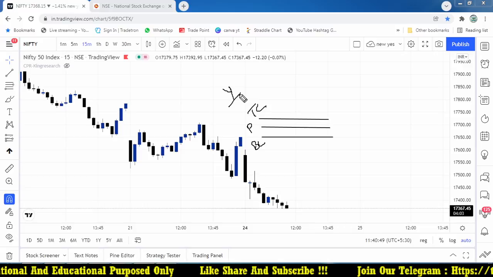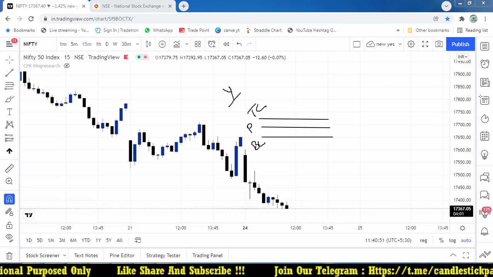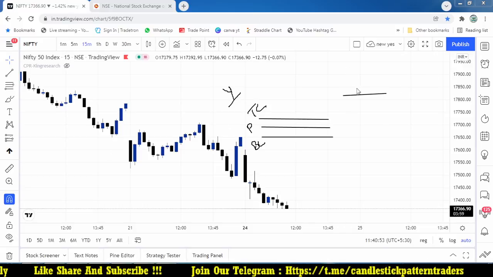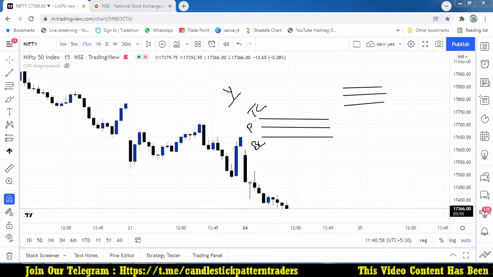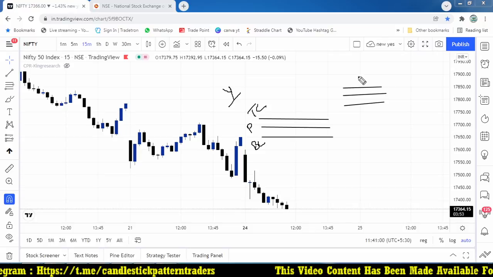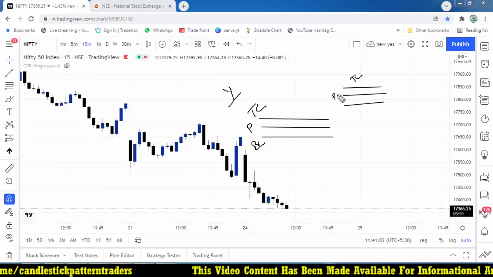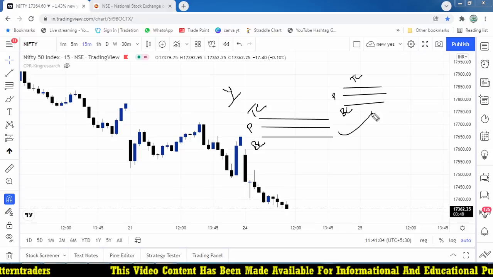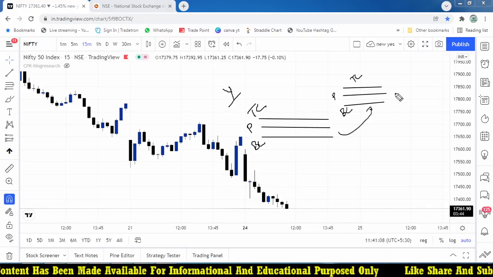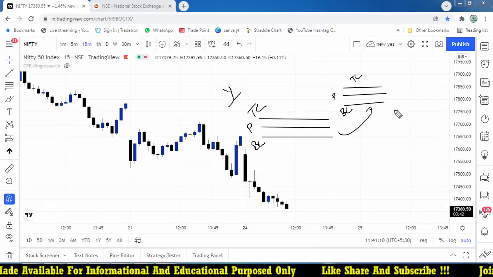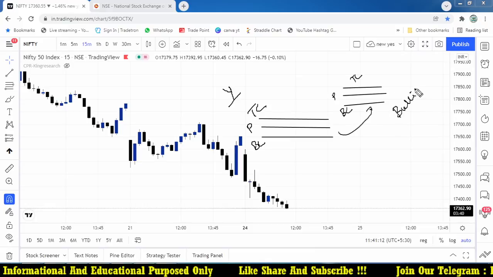For example, if the next day's CPR forms like this, completely above the previous day, here TC, pivot and BC, completely higher than the previous day, then we consider this stock as bullish.